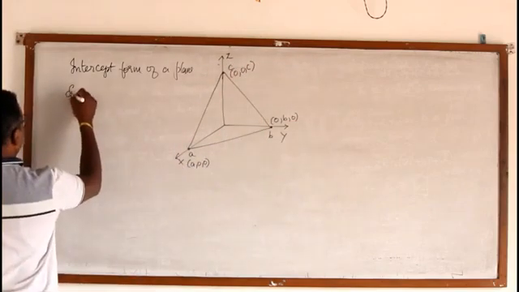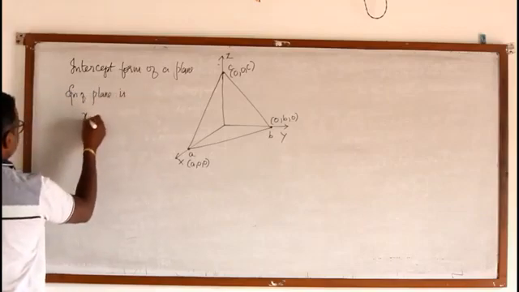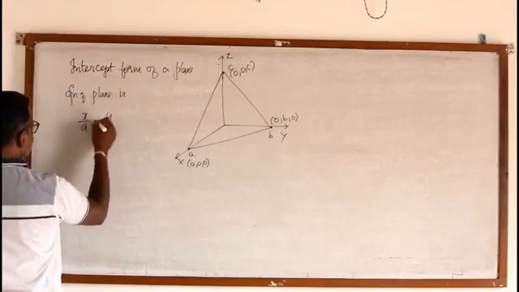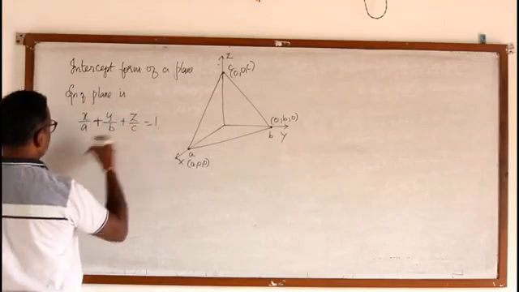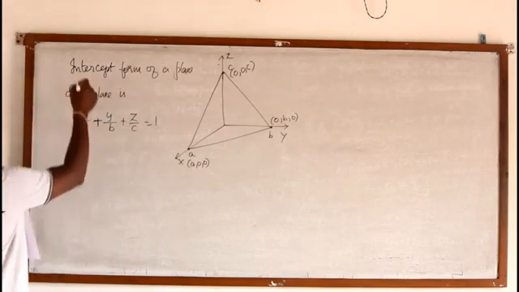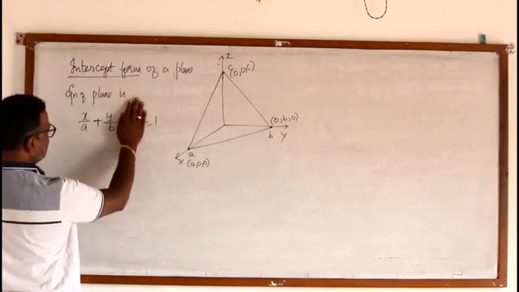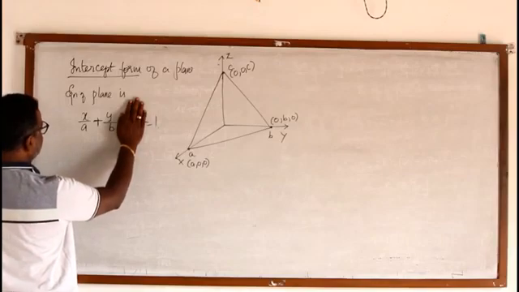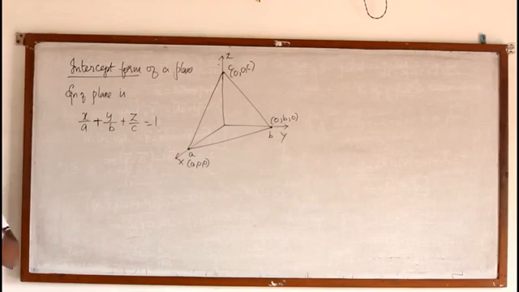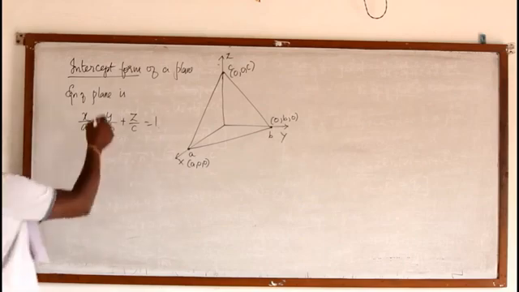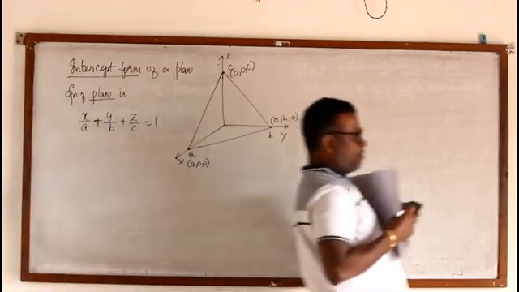Then the equation of the plane is x by A plus y by B plus z by C equal to 1. This format is called the intercept form. Remember, in our straight line, x by A plus y by B equal to 1 is called the intercept equation of a straight line in 2D. Here x by A plus y by B plus z by C equal to 1 is the intercept form of the plane. So with these ideas, we shall go for problems.